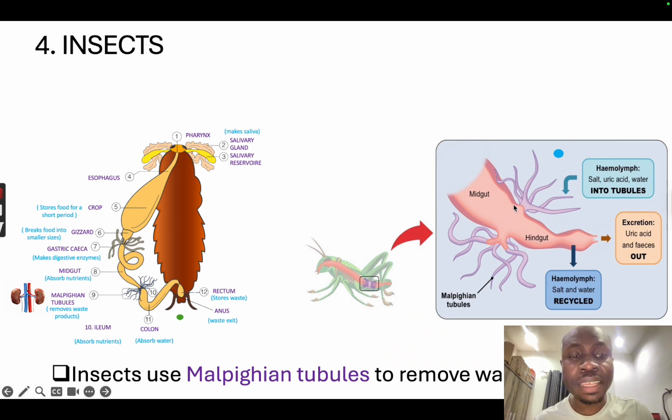They move in and go to the hindgut and come out from the anus together with the food waste. So let me show you an example. The water moves in, mixed with the food waste, and then comes out. It comes out with the uric acid and the salt. And this is how insects remove their waste.